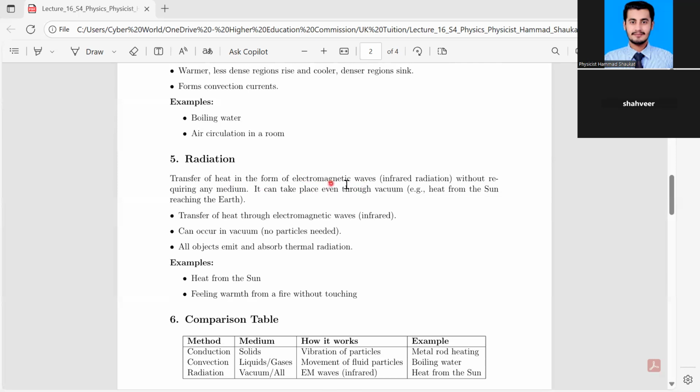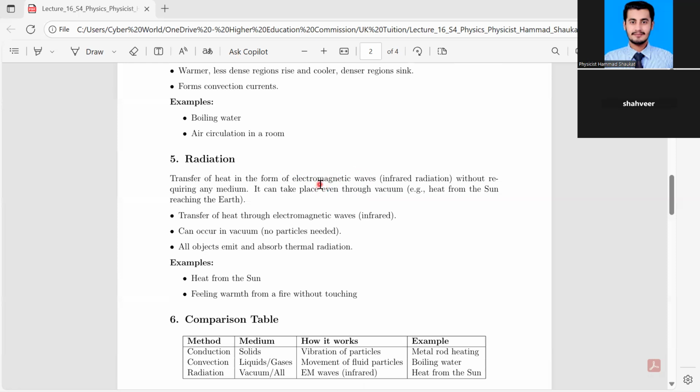And what are electromagnetic waves? Electromagnetic waves are waves in which there is a combination of two fields, the electric field as well as the magnetic field. When the electric and magnetic fields both combine, and the directions of both fields are perpendicular to each other, this type of wave is known as an electromagnetic wave.